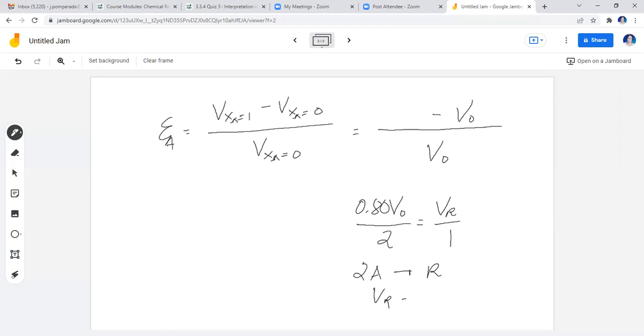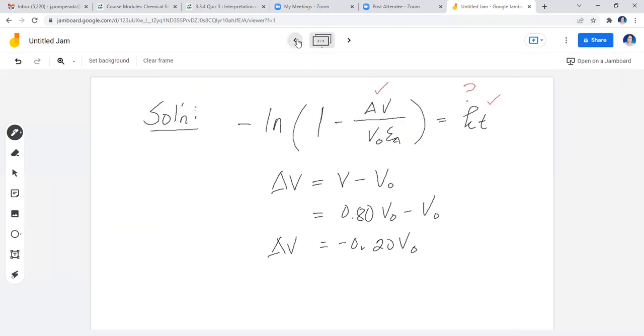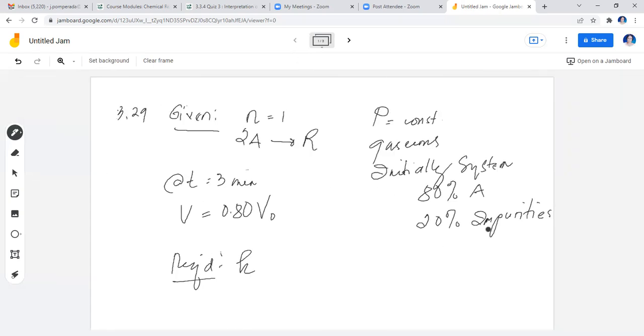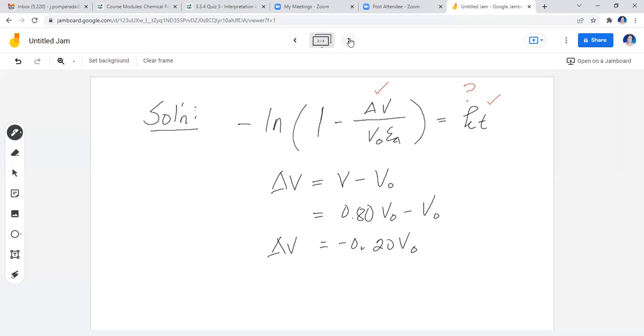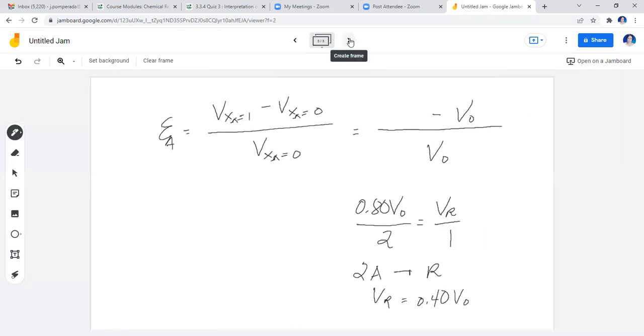So V sub R is equal to 0.4 V sub O. But this one is due to all the A that has been converted to R. What about the inerts? We have 20% inerts. It says here 20% impurities or 20% inerts. They are not converted in the process of the reaction.